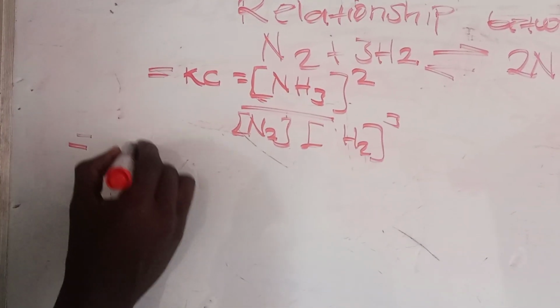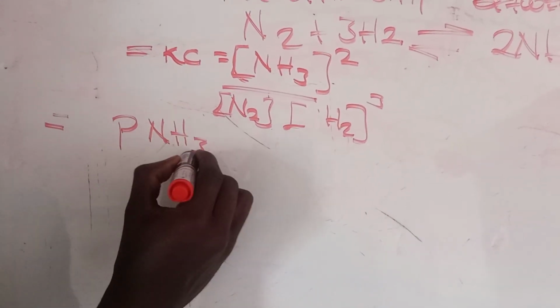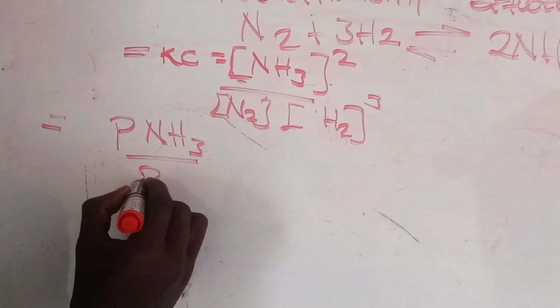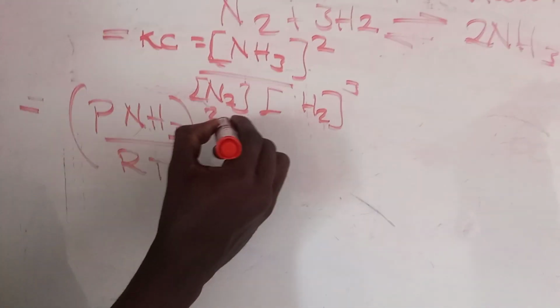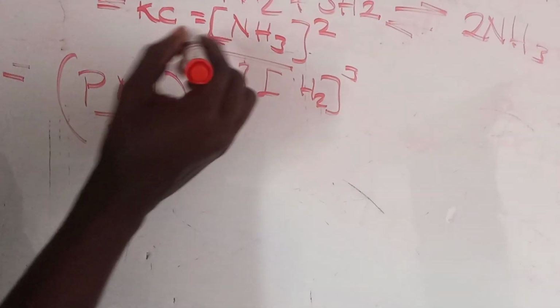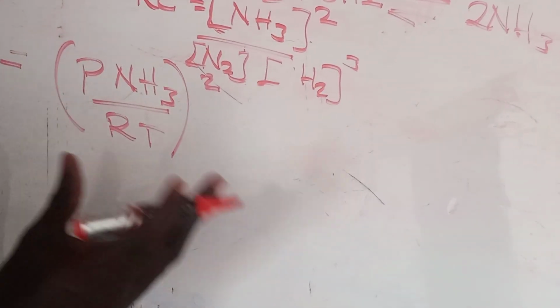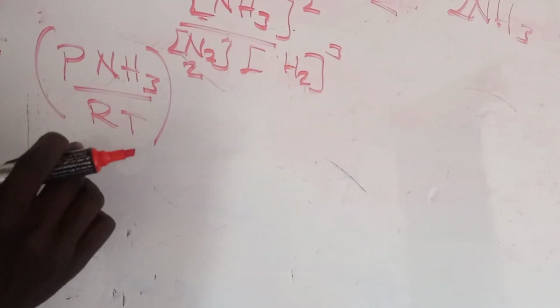So we're going to say P of NH3 over RT, closed to the power 2. Why am I using these parentheses? Because these brackets mean concentration, hence I've replaced it by putting P over RT multiplied by NH3.